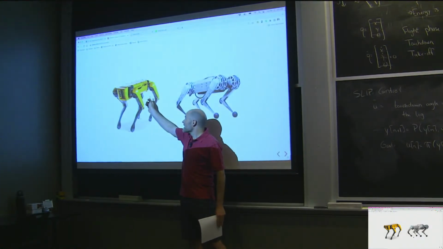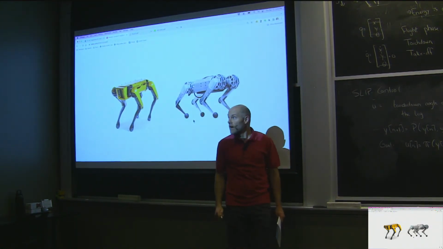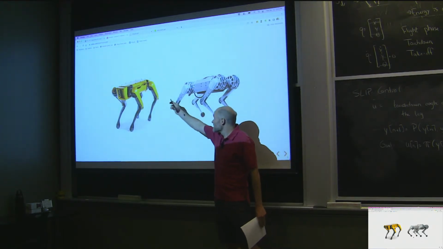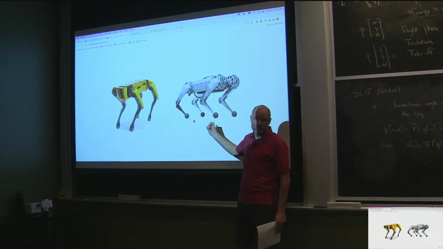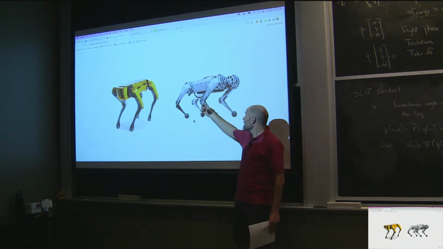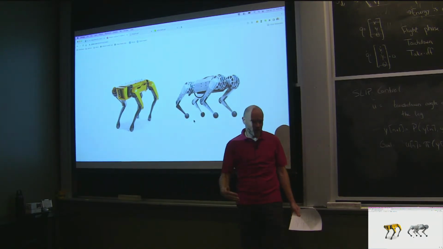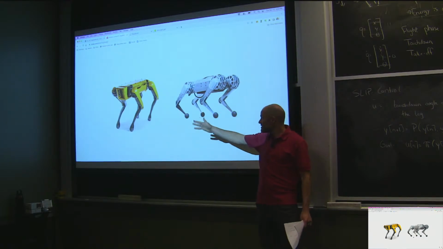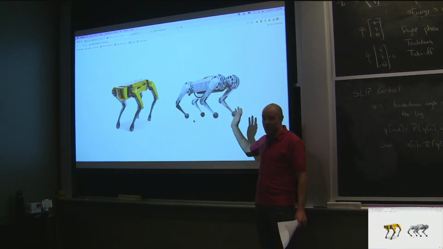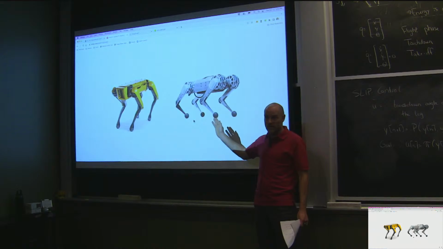Characteristically, these robots have a relatively significant mass and inertia around their body and these super light legs, right? And in fact, the dynamics of the legs, you can almost put them instantaneously. A lot of the quadrupeds look like this now.